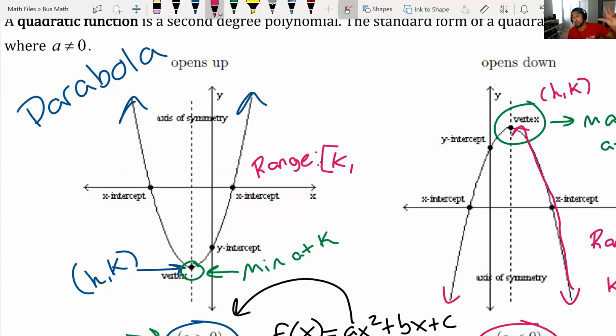So the range for a parabola that opens up would go from k to infinity. That's it. All right, so there's our range. And one thing we didn't cover was the domain.